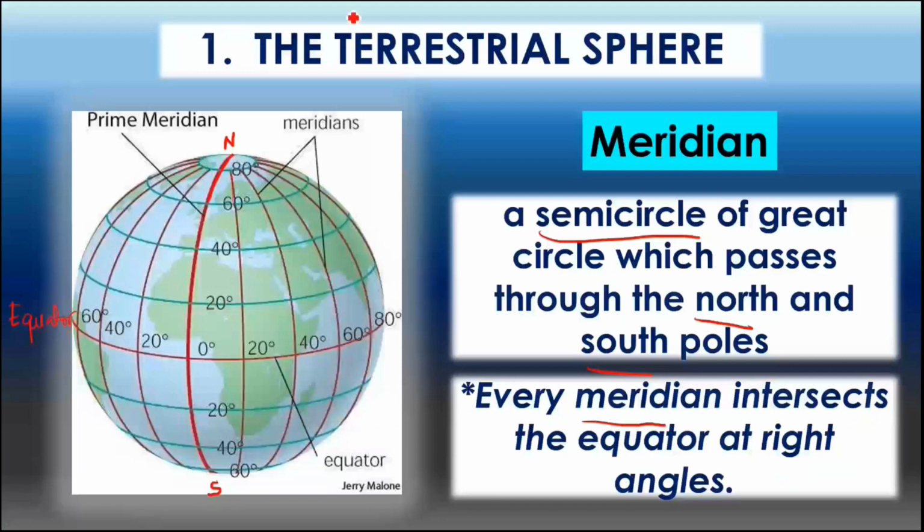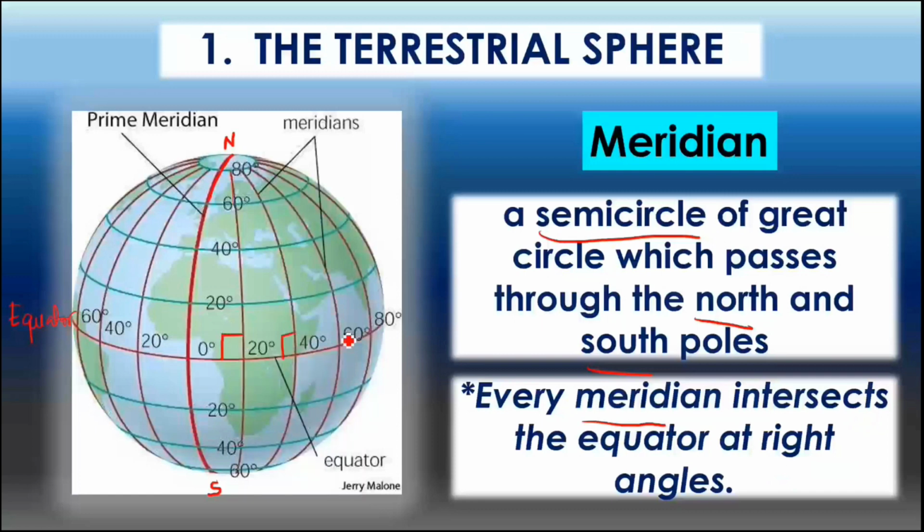I hope that you agree. If this is the equator, and for example we consider this meridian, north to south, the angle is actually 90 degrees.